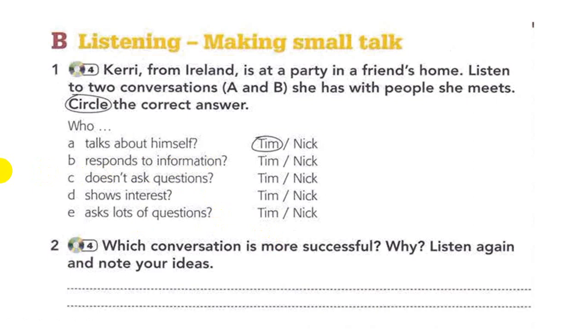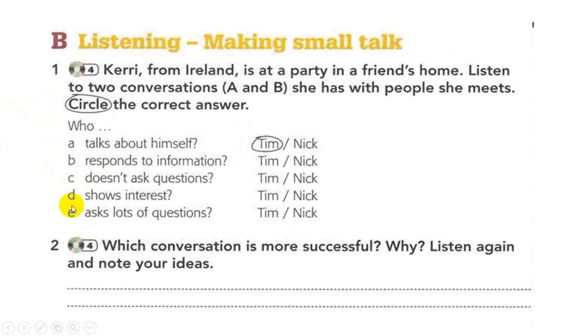So, Tim. Yes. So, sorry, Nick. Nick responds to information. So he made a good. Sorry, I'm so nervous to record by myself. Yes. So he is asking questions, and he asked many questions actually. He responded to information, and even he asked her about her accent.